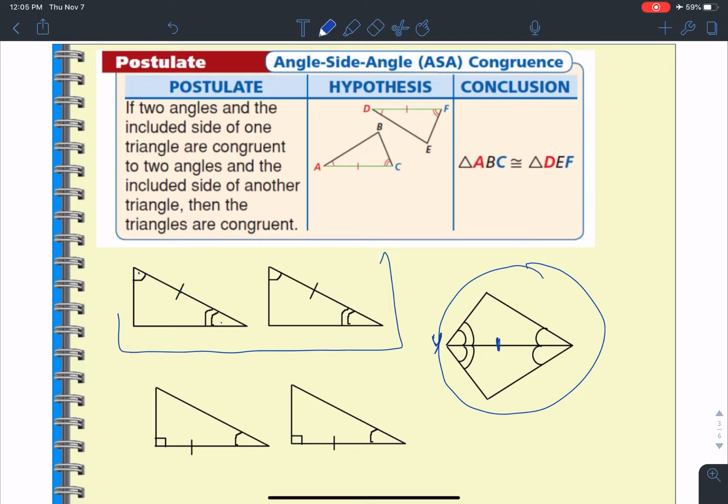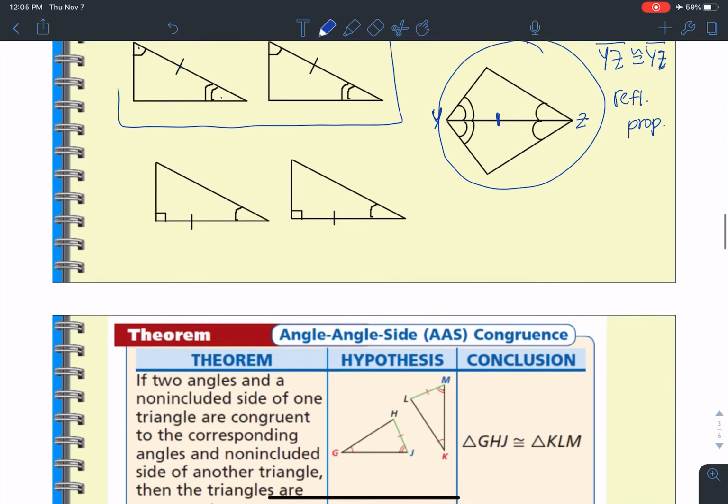So I could call it YZ. So I would say YZ is congruent to YZ by the reflexive property. That one's going to come up a lot. And then in the bottom left, you can see angle, side, angle again. Just another way that you could see angle, side, angle.